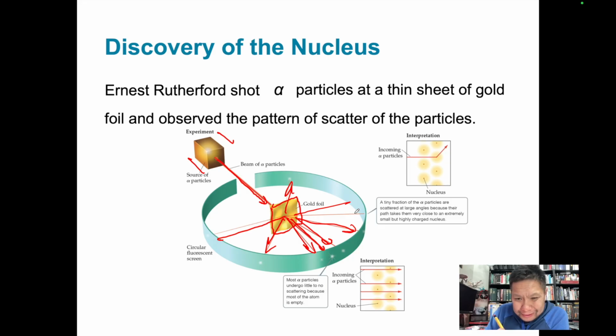So, what does that even mean? What does that even mean? Well, if you take a close look at this, right? If the atom was actually made up of what J.J. Thomson thought was just a sphere of positive charge, right?